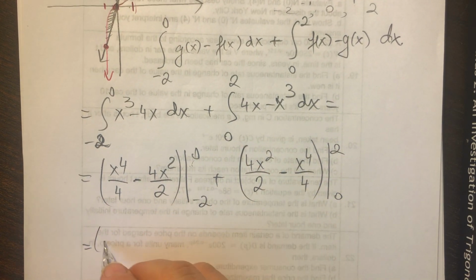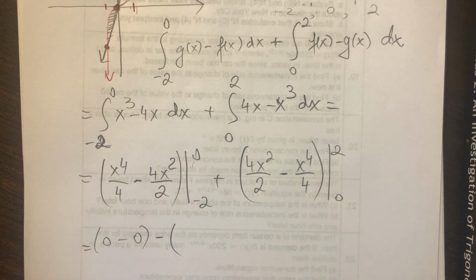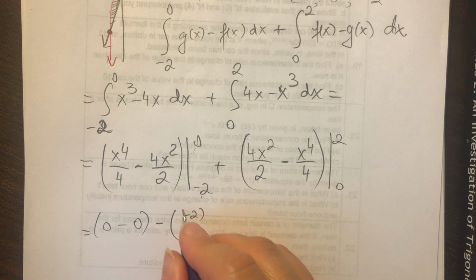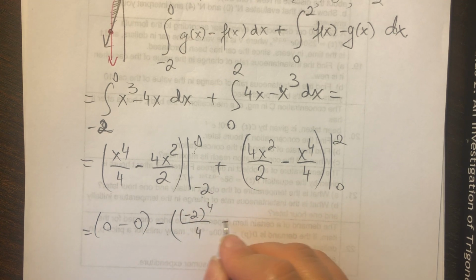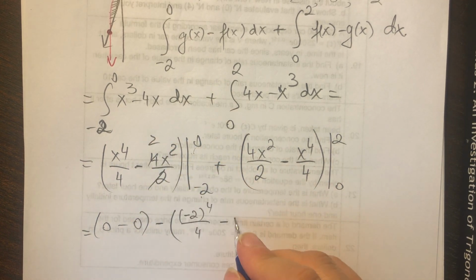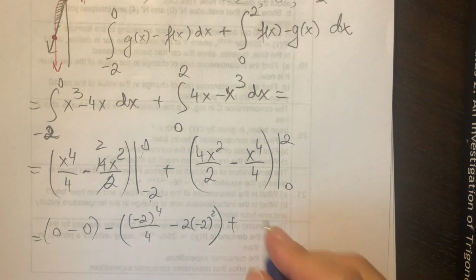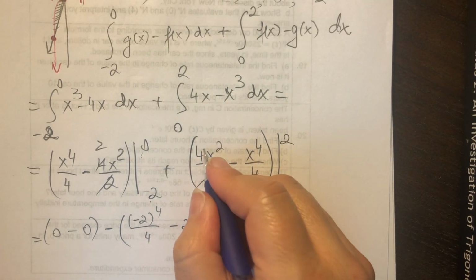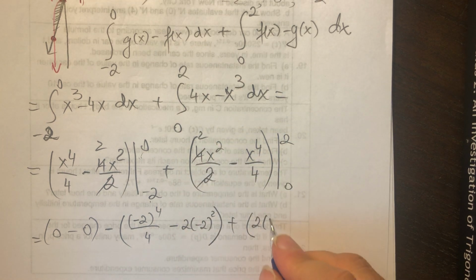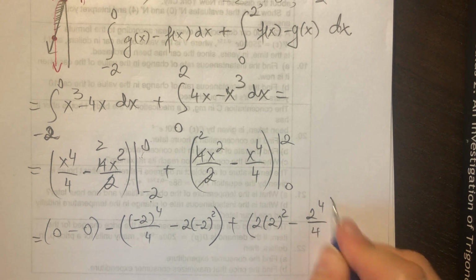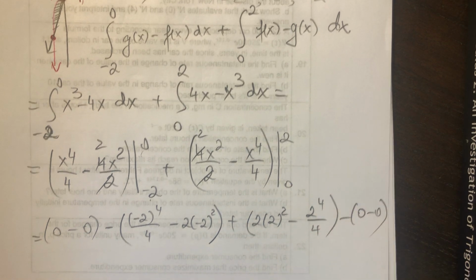So let's plug in the 0 first. Those are a bunch of zeros again. Then comes the -2. And there comes the 2. And there comes the zeros, right?